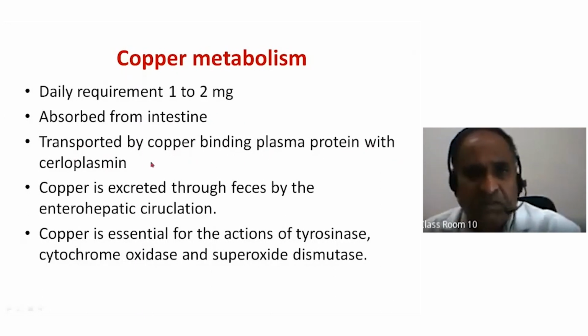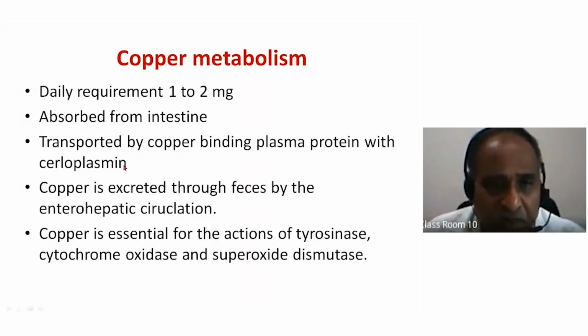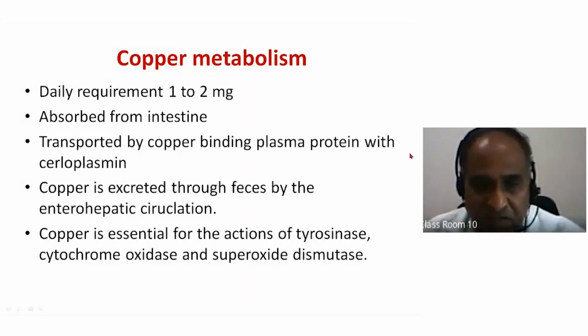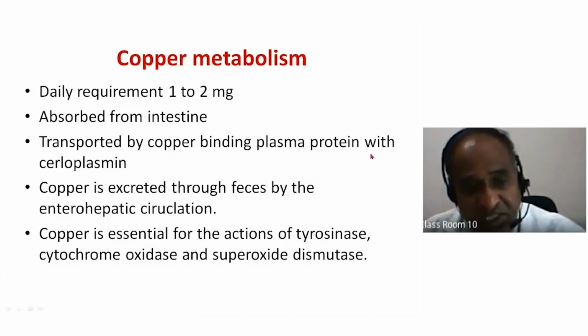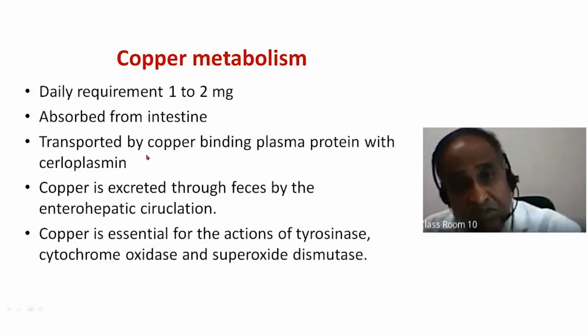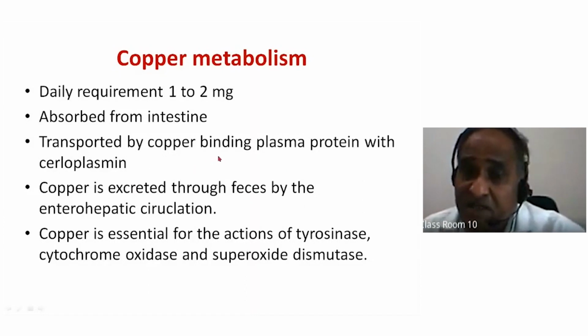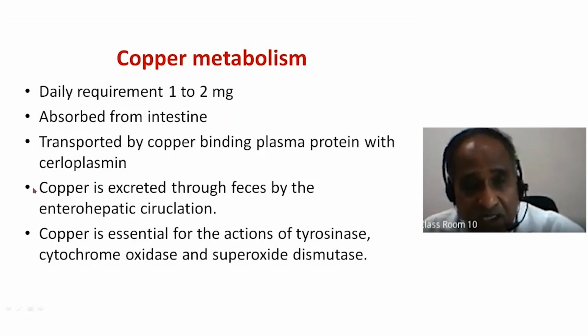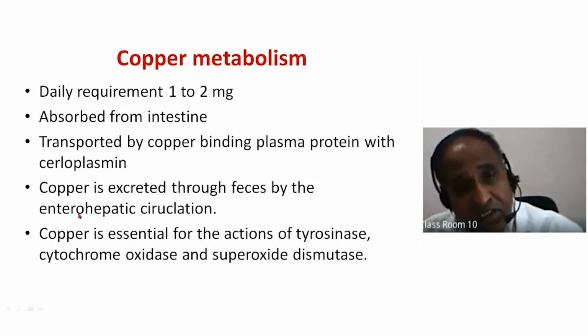This copper binding plasma protein is known as ceruloplasmin. So ferritin is the transporter for iron, and ceruloplasmin is for copper. And copper is excreted through the enterohepatic circulation in the bile.